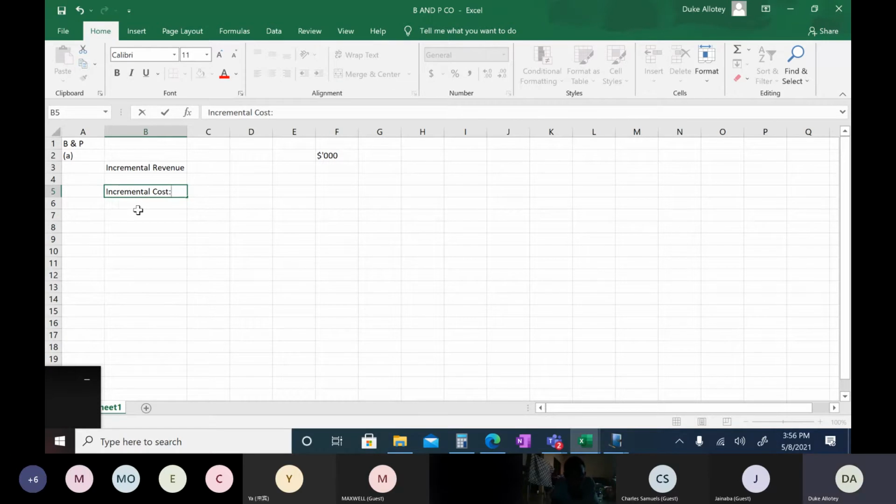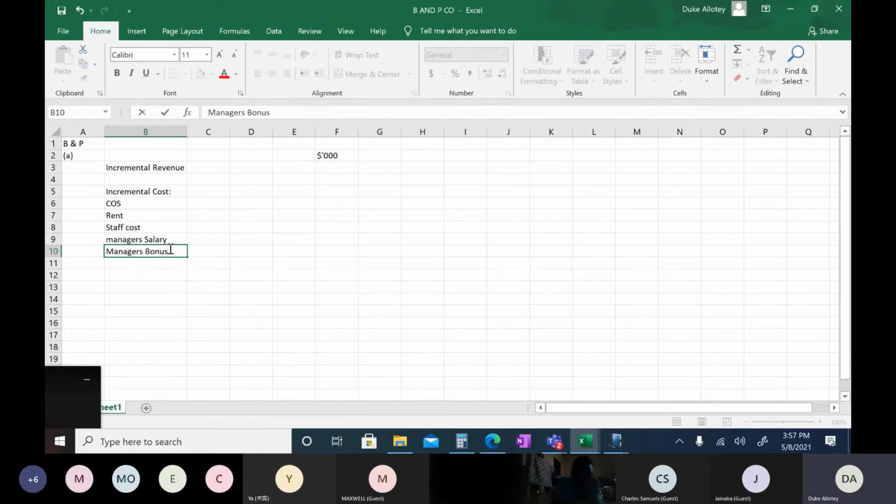Now, in this incremental cost, immediately you are doing cost of sales. I remember things not in any particular order. I have rent, I have staff cost, I have manager's salary, okay, manager's, of course, bonus.